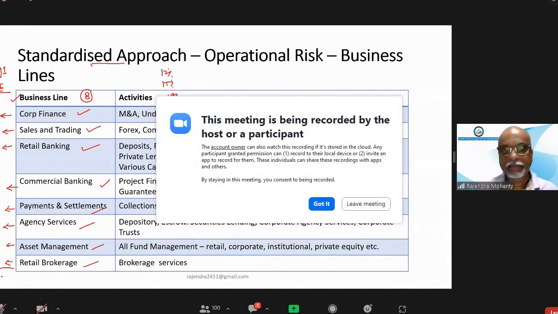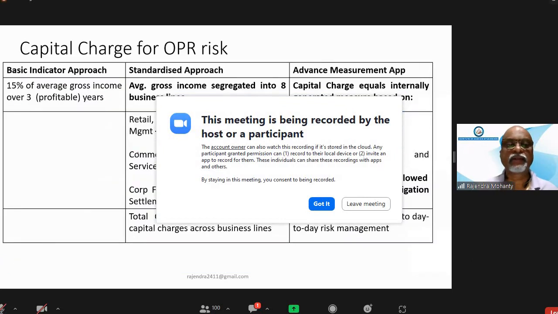Okay. According to that, the business lines with a beta of 12% are retail brokerage and asset management. Then commercial banking and agency services have 15%. Corporate finance, trading and sales, and payment and settlement have 18%.